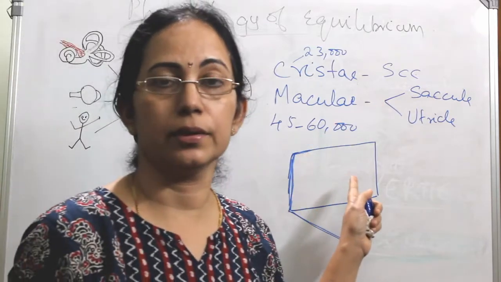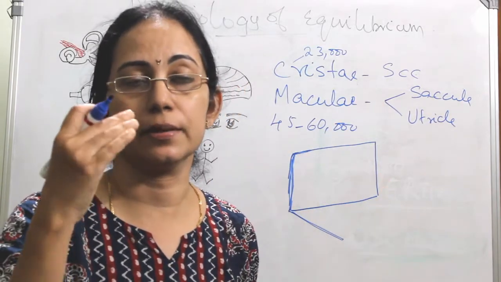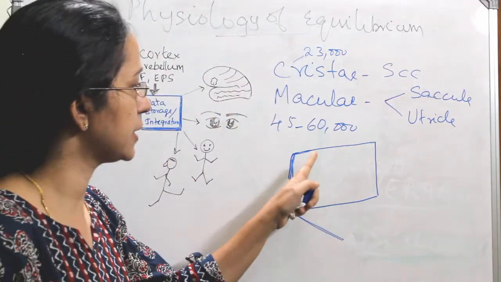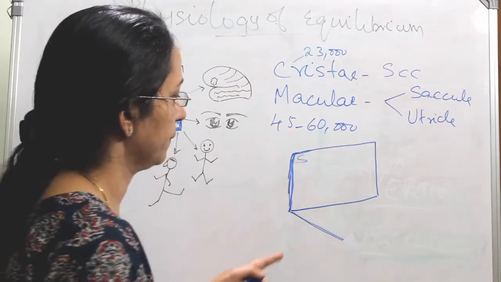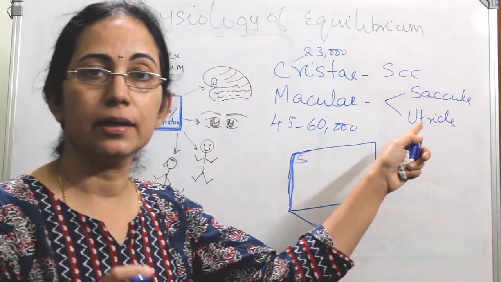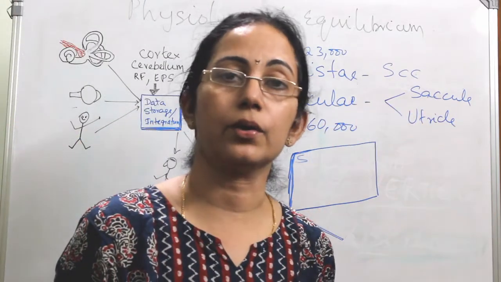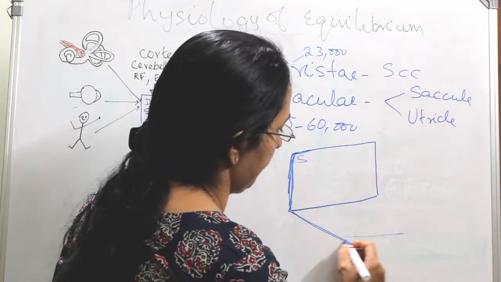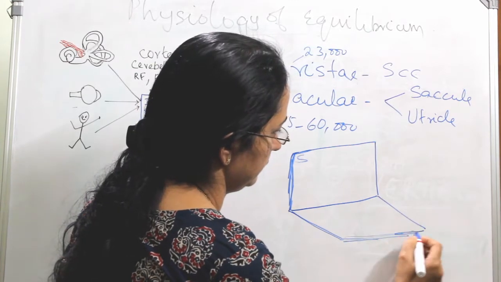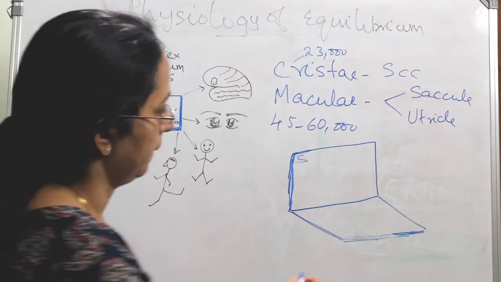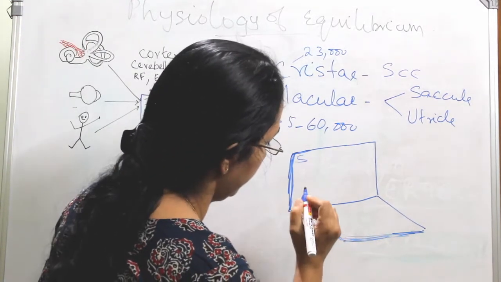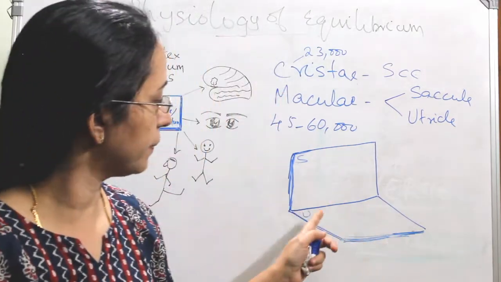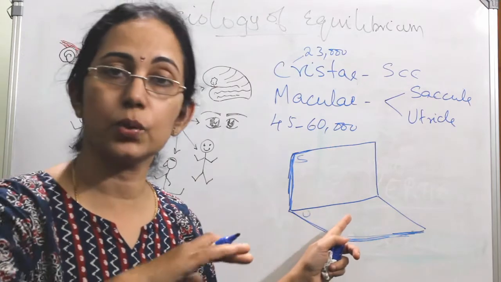So this is the macula of the saccule, and in the utricle, the macula is oriented in the lateral wall in a horizontal axis. So this is the macula of a utricle, right? In the saccule it is vertically oriented, and in the utricle it is horizontally oriented.